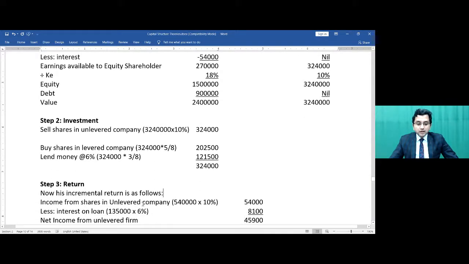Now, as far as returns are concerned, income from shares in levered company will be 2,02,500 multiplied by 18%. So 202,500 into 18%, he'll be earning 36,450. If any of the calculation goes wrong, please tell me, I'll correct it. Now I'll not deduct interest, add interest on lending.